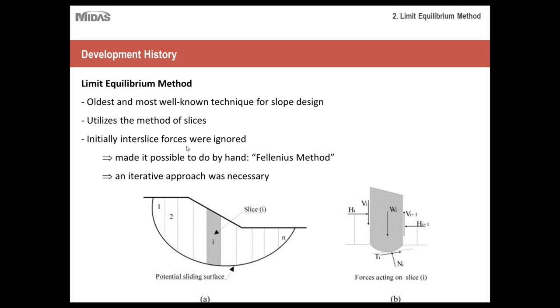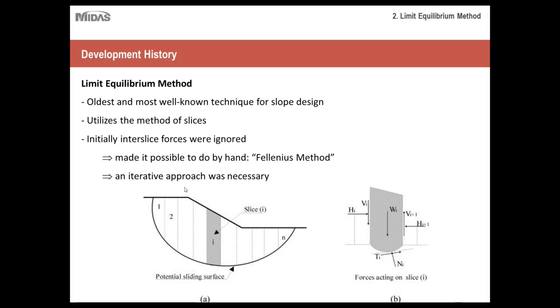So initially, interslice forces were ignored. Interslice forces are the forces acting between the slices themselves. This was done to simplify things, and also because the equations hadn't been quite developed to really take those into account effectively. Certain assumptions were made, not necessarily to account for interslice forces, but to overcome having to calculate them.